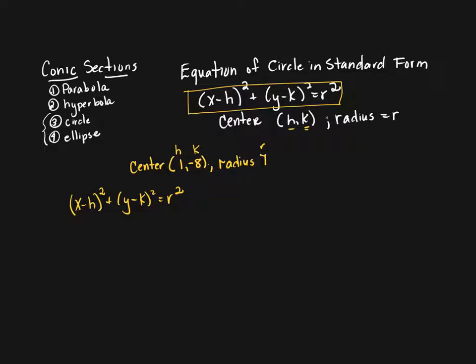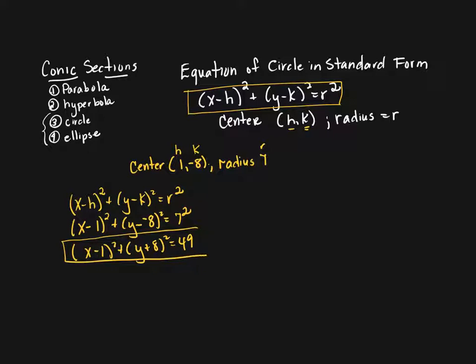So x minus the h is 1, y minus the k is -8, and the r is 7. We can clean this up a bit by getting rid of that double negative. So this is the equation in standard form of a circle that has as its center the point (1, -8), and its radius is 7 units.